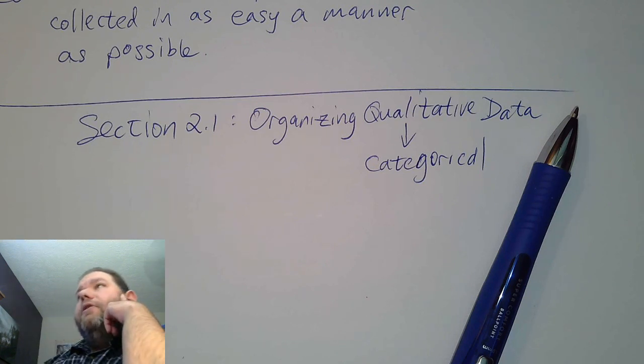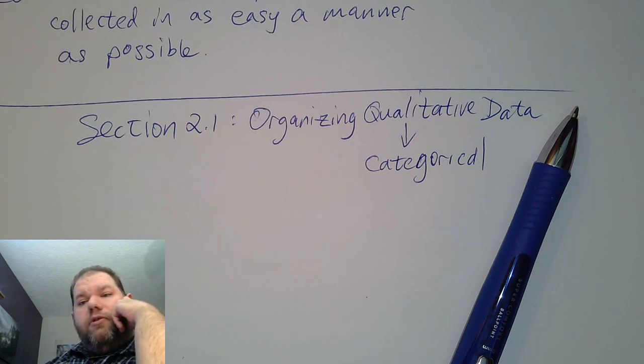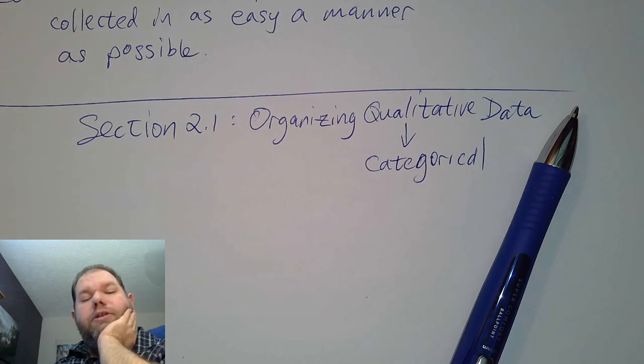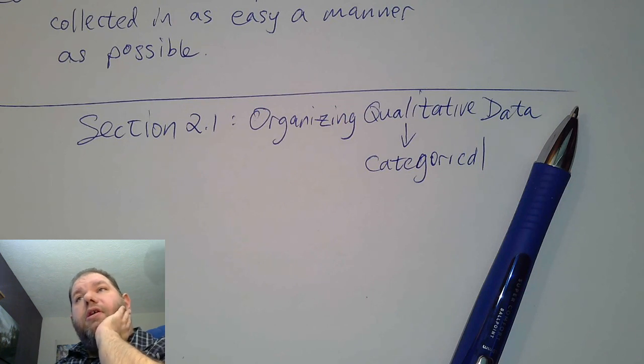So we might ask, what location do you want to one day visit on vacation? And we can get a bunch of different answers from people, and then we can collect our answers and organize that and display it. And we can see what vacation destination people are most interested in.